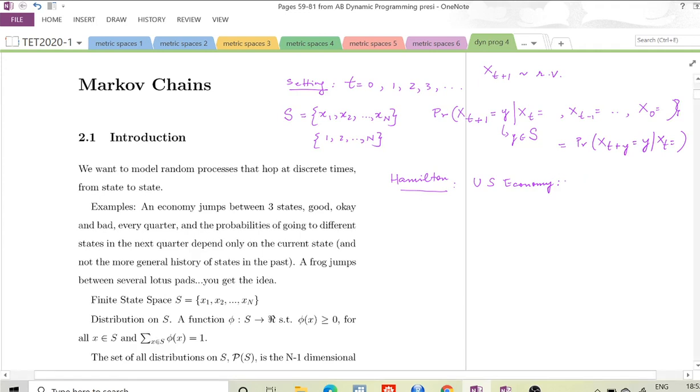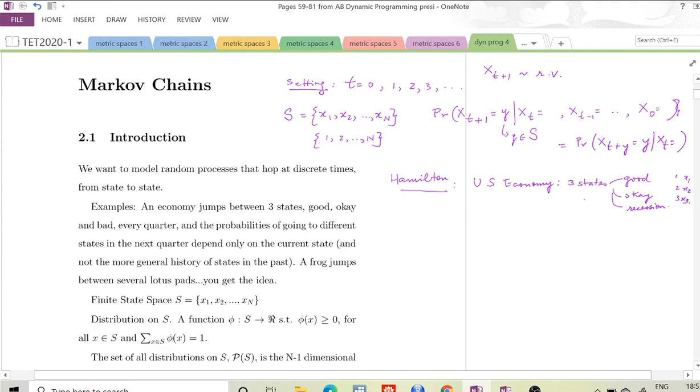So the US economy in Hamilton's model has 3 states. I don't remember exactly what the qualitative nature of these states are. So maybe something like it's in a good state, an okay state, and a bad state or a recession. Okay, so 3 states, 1, 2, and 3, or X1, X2, and X3.